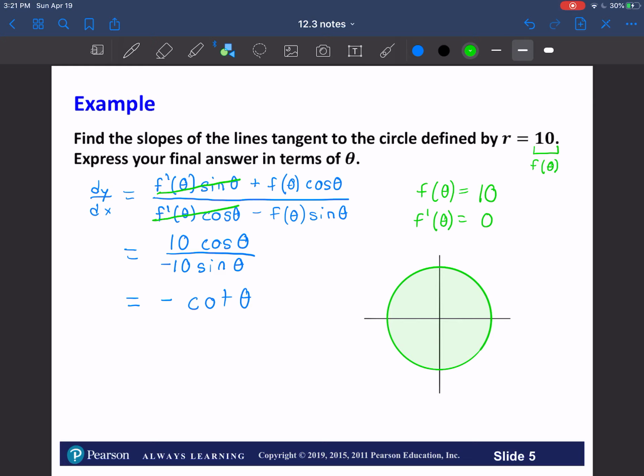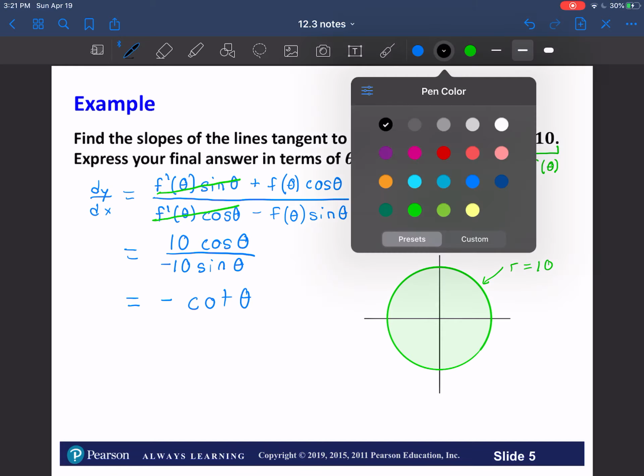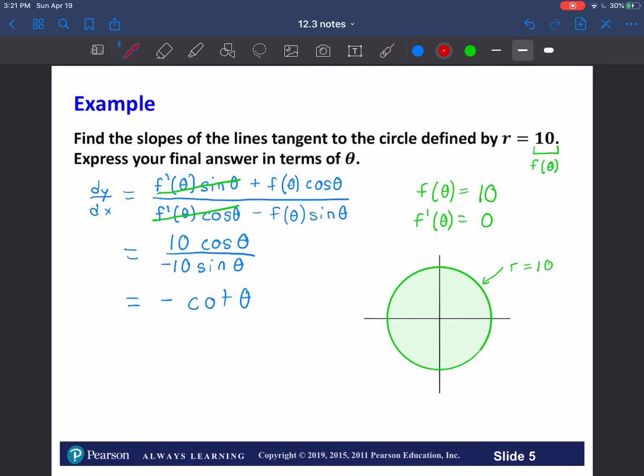This circle with the equation r equals 10, the idea is that at the angle, let's say pi over 2, so here's the angle pi over 2, we should expect a tangent line slope of 0. So let's just test.